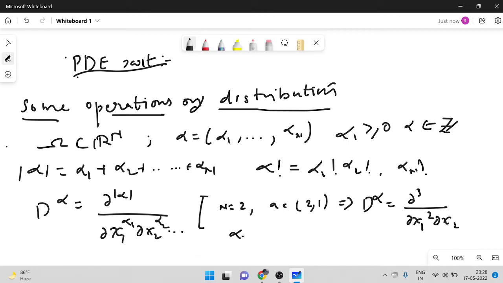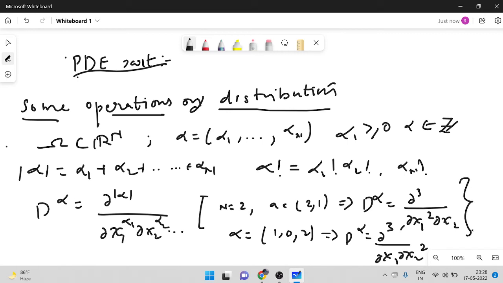Similarly, if we choose alpha equals (1, 0, 2), D alpha is dou 3 by dou x1 dou x3 squared, adding these up. This is basically how we compactly write our derivatives.